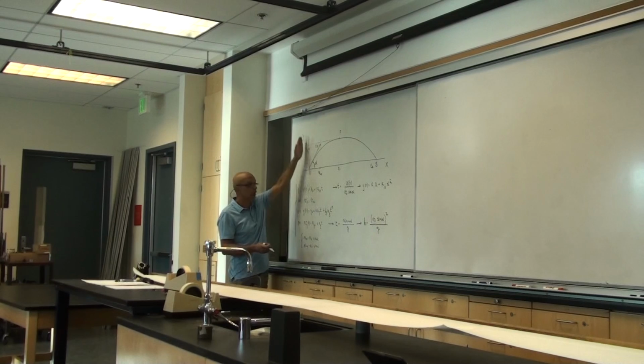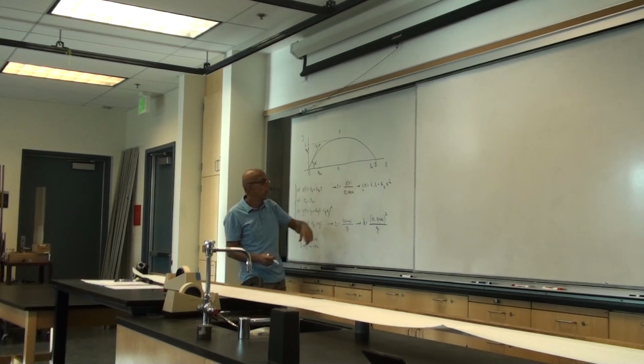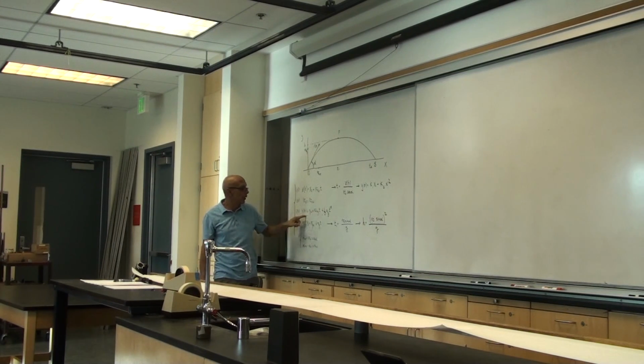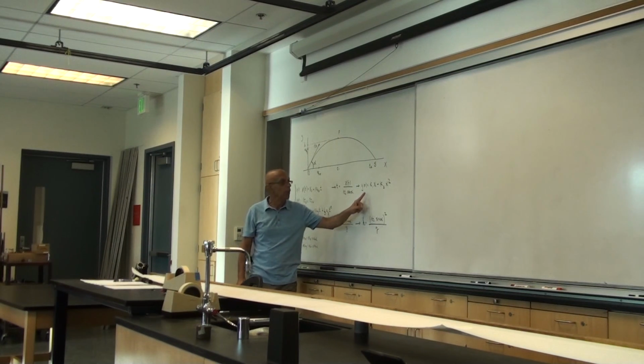So this is distance on the vertical and this is distance on the horizontal. And the equations have time in them, so I have to remove the time from the equation, right? Plug in x on this equation. This way I could have y as a function of x, that is this one.